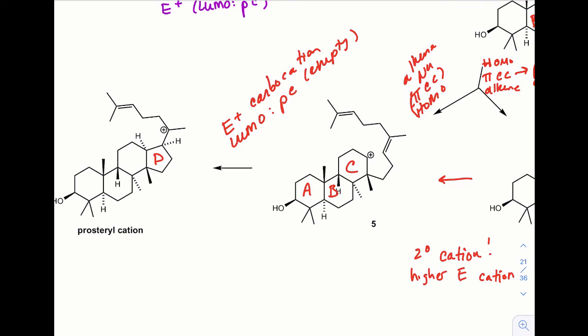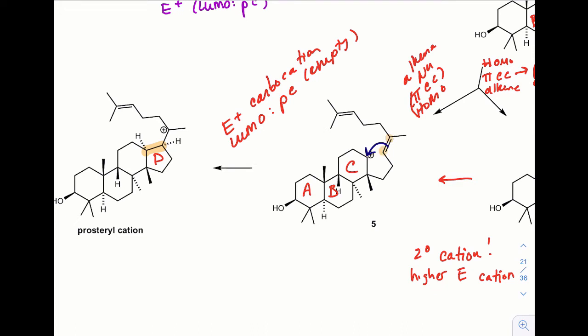So let's go ahead and show that. So these pi electrons are going to be donated to the carbocation. That's going to close the D ring. It's going to make this bond right here. It's going to close the D ring.